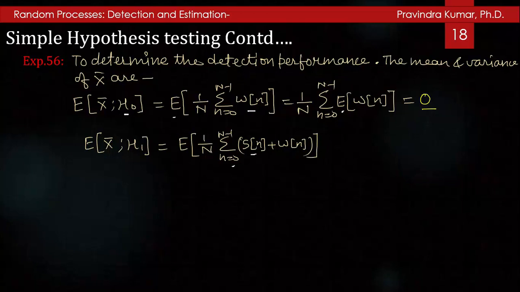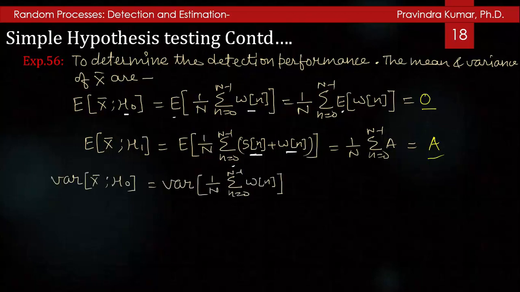Here under hypothesis H1, the signal sn is present with the noise, so it will be 1 upon n summation n = 0 to n minus 1 of A, because the mean of the noise is 0 and the mean of the signal is A, and it will be equal to A. And the variance under hypothesis H0 will be the variance of 1 by n summation n = 0 to n minus 1 omega n, which is equal to 1 upon n square summation n = 0 to n minus 1 variance of this noise omega n.